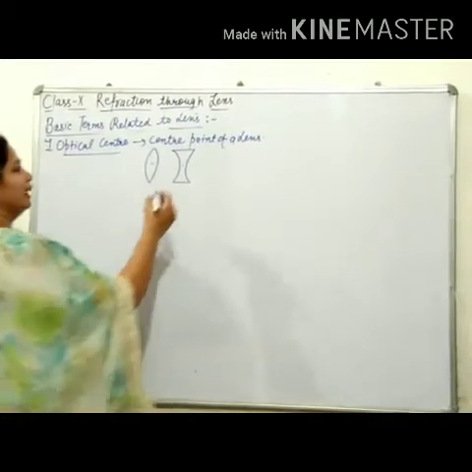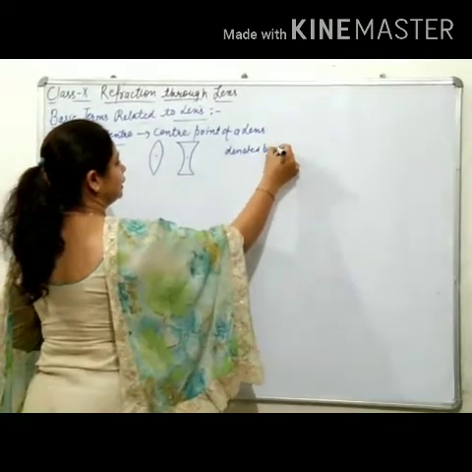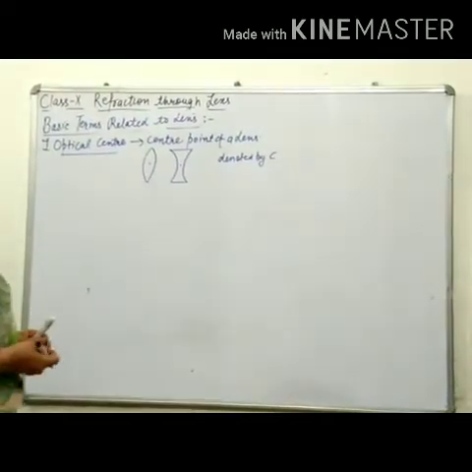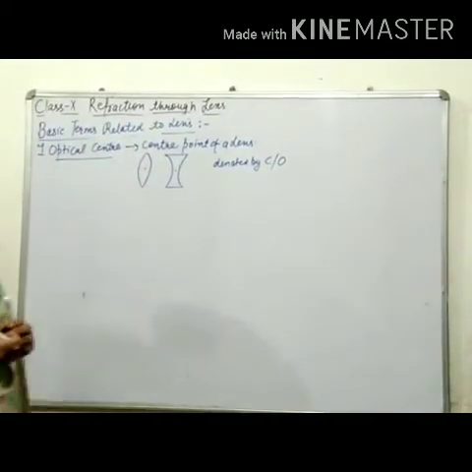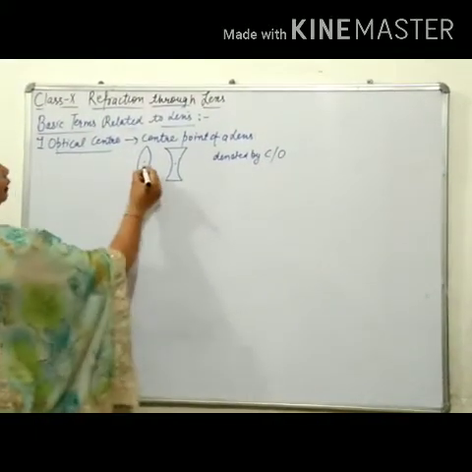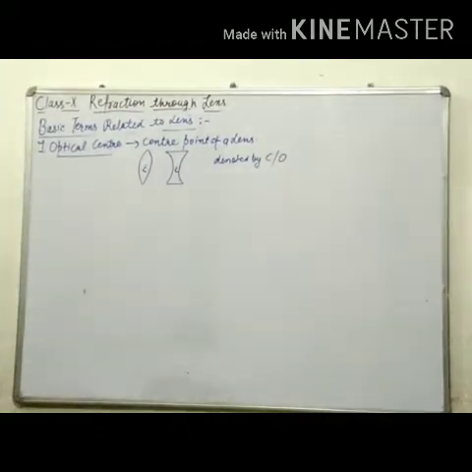Optical center is denoted by C. Sometimes it is also denoted by the letter O, so you may use any one. I am going to teach with the letter C.